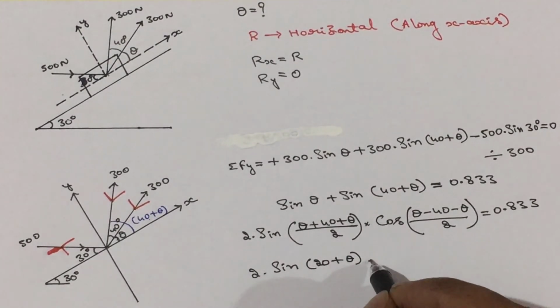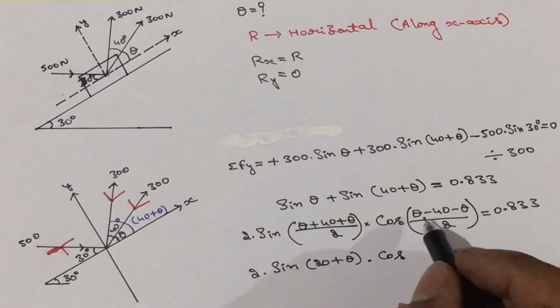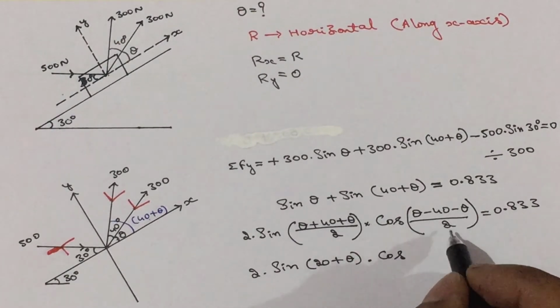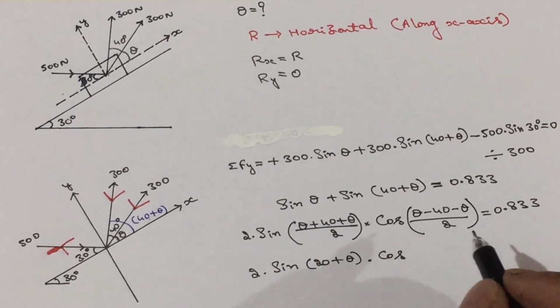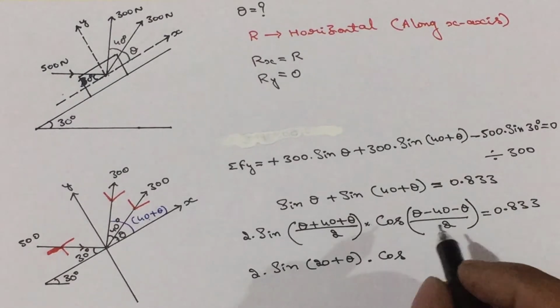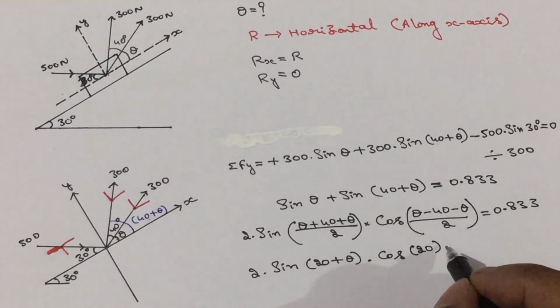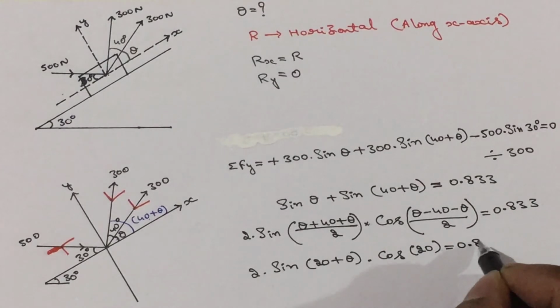Then into cos of, here theta and theta get cancelled, minus 40 by 2, it will become minus 20. So, cos of minus 20 is equal to cos 20 only. So, it will become cos 20, that should be equal to 0.833.